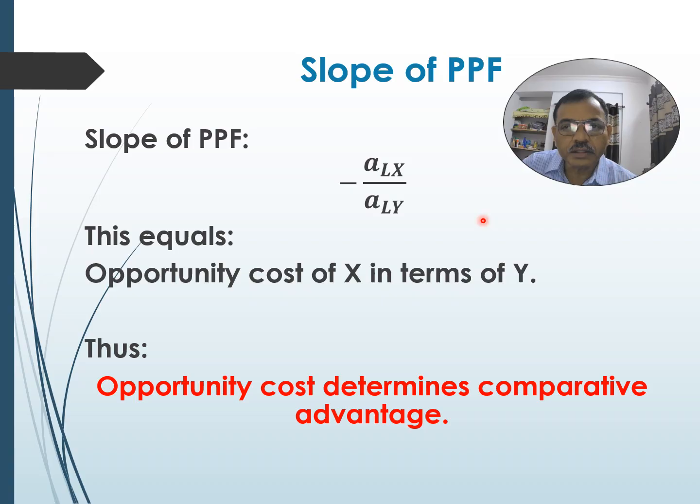This slope measures how many units of Y must be sacrificed to produce one more unit of X. That is exactly the opportunity cost of X. Therefore, in the Ricardian model, opportunity cost equals the ratio of unit labor requirements. This is the key determinant of comparative advantage.